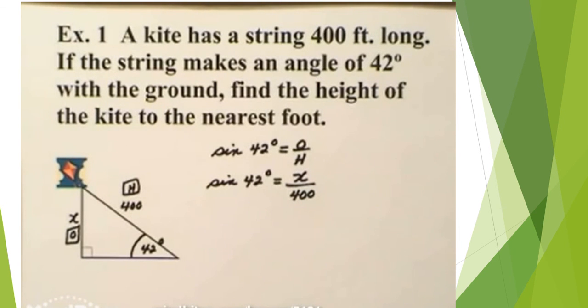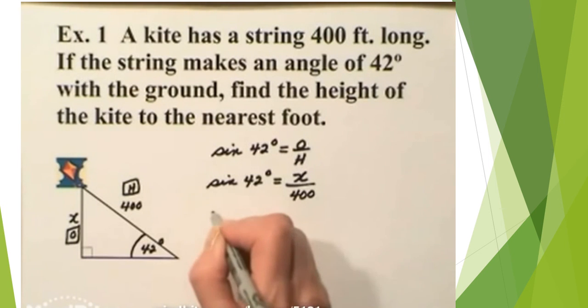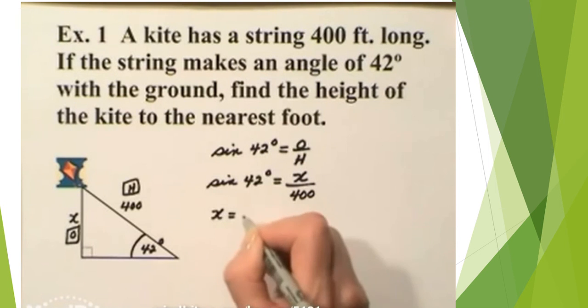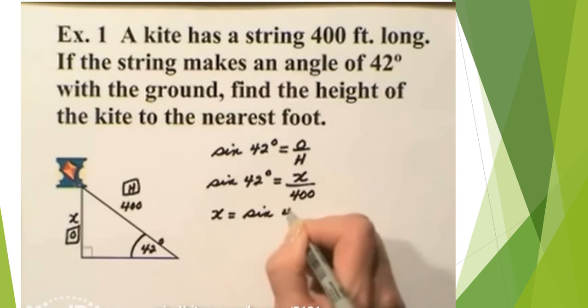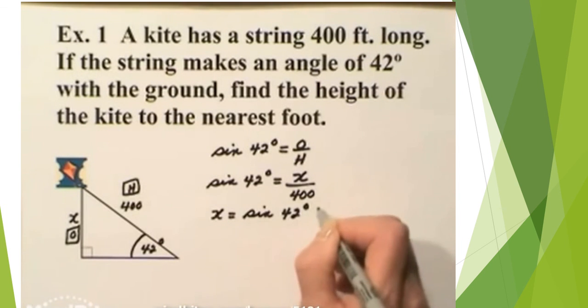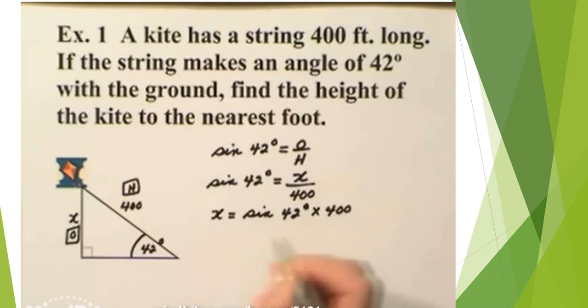Solving this little equation, I will have to multiply each side of the equation by 400, and I will have x is equal to the sine of 42 degrees multiplied by 400. Out comes my calculator in the degree mode, because this angle is measured in degrees.